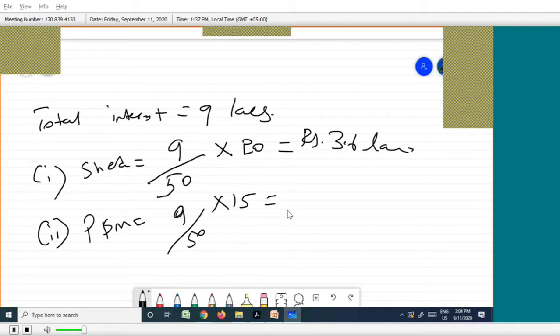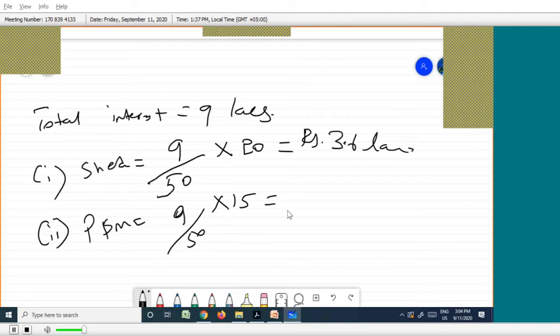Then the working capital loan: 9 divided by 50 into 10.